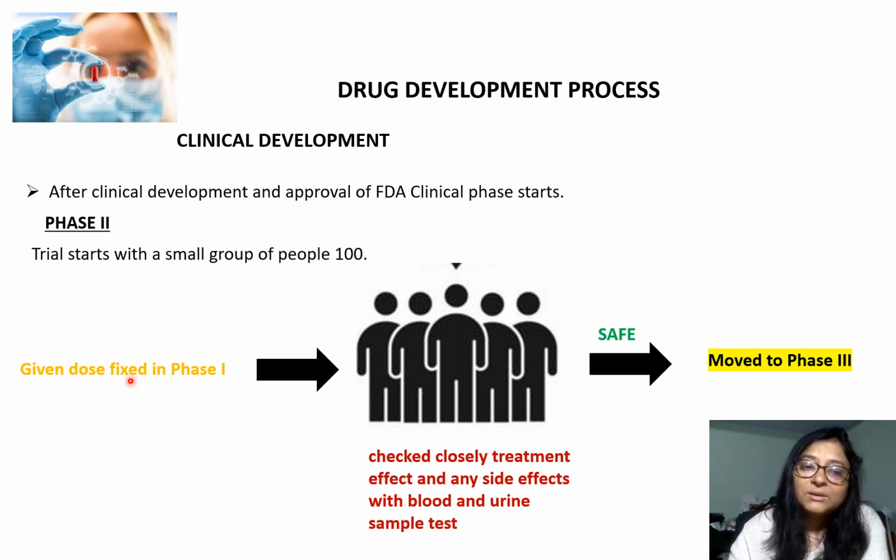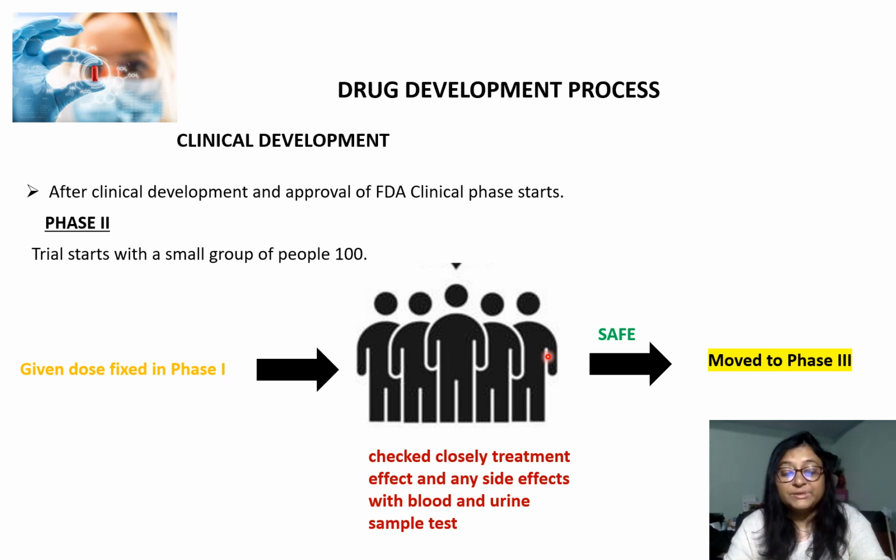Here the dose that was fixed in phase 1 is given to the larger group of people, and very closely they check whether the treatment is working properly and whether there are any side effects, not only severe side effects but also small ones. All of this is checked by blood and urine sample tests and other tests.